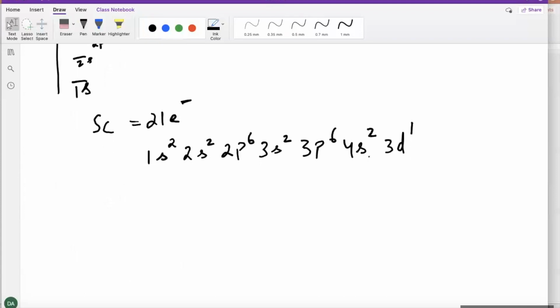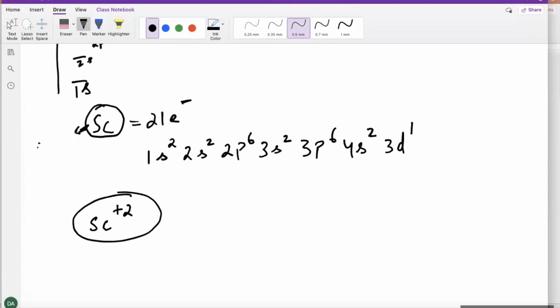Now, what we need to do is talk about the ions. Okay, now for ions, guys, what do we mean by ions, first of all? So scandium, if scandium becomes scandium plus 2, what does that mean? This is an ion. So this is the neutral atom. This is neutral scandium.